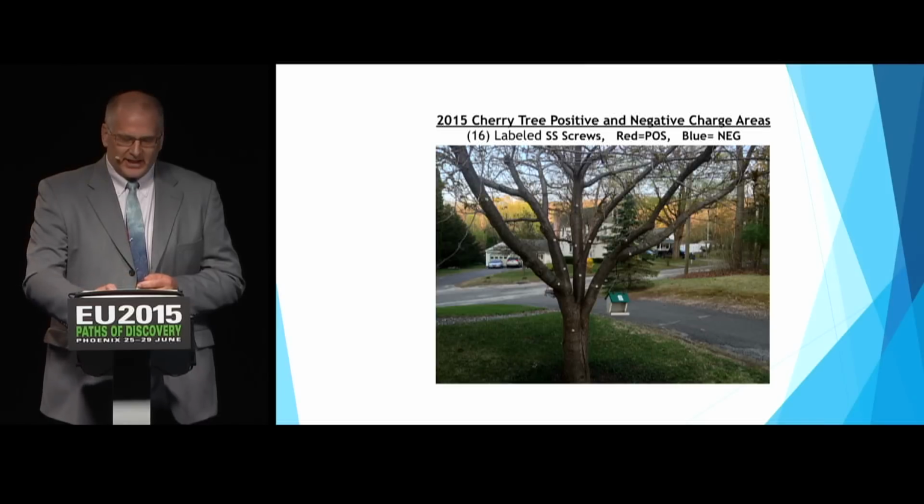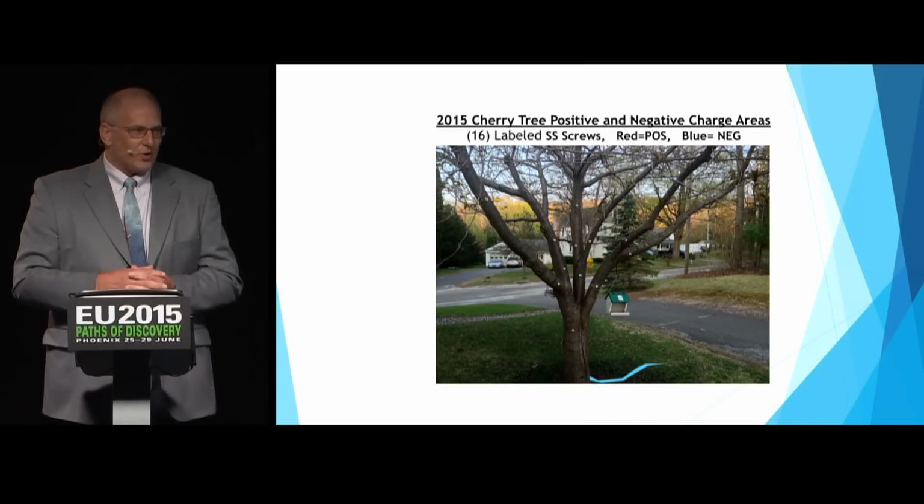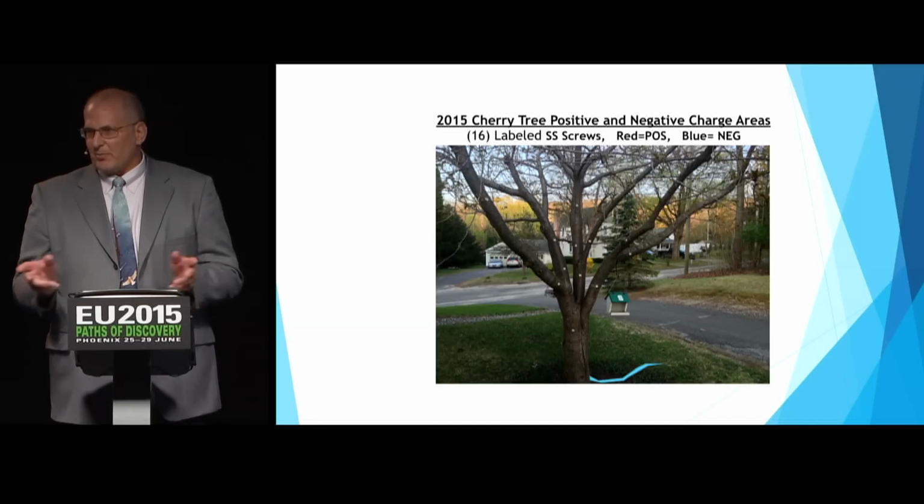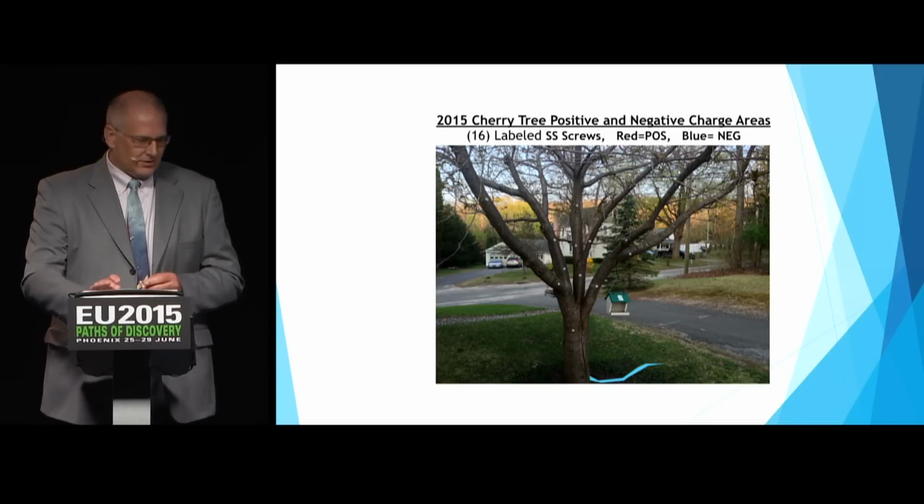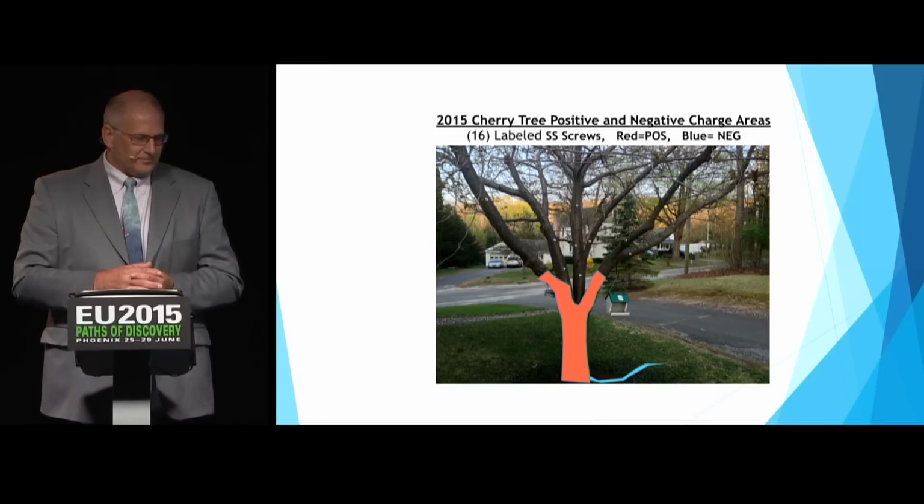So the first thing I did was I measured a root voltage in reference to a ground rod several feet away, and I got a strongly negative reading. It was less than a volt, but it was fairly high. And I checked that with a couple other trees in the area too, and all three of the roots I checked were negative. The trunk, however, was slightly positive.